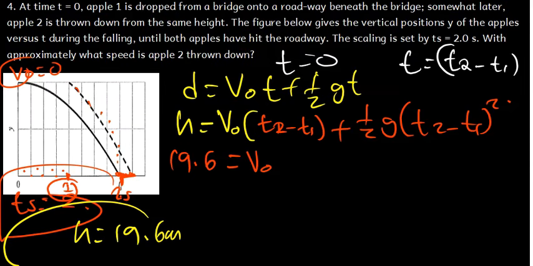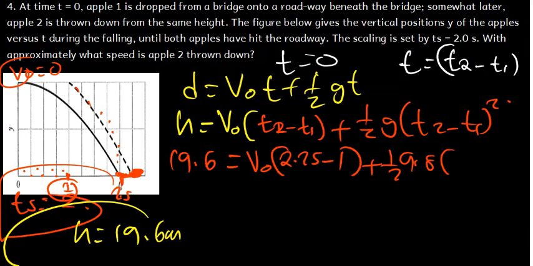So t2 is going to be 2.25 because this is where it landed, minus 1, since it was thrown 1 second later, plus half 9.8. Here we do the same, 2.25 minus 1, then we square it.